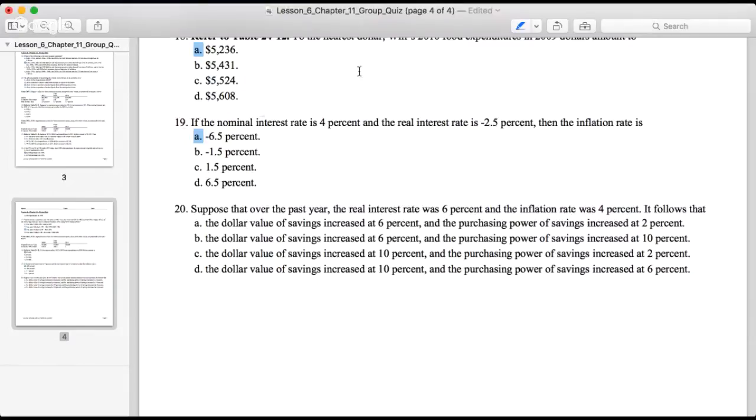Negatives are brutal. For me, I chose A because I was not considering the minus sign in the formula. I was just using the minus of the result, minus 6.5. Because you do 4 minus 6.5 and get minus 2.5, but I was not considering the other minus in the formula that cancels the one.